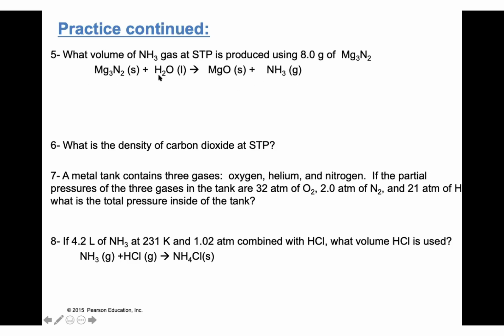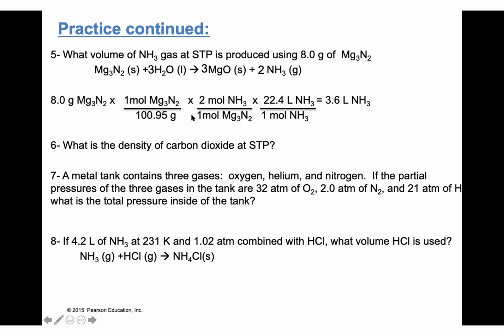That's stoichiometry again. So I'm going to make sure it's balanced. Is it balanced? It's not balanced, so I'm going to balance it. Then I start with my given number, which is grams. What should I do? Convert to moles first.